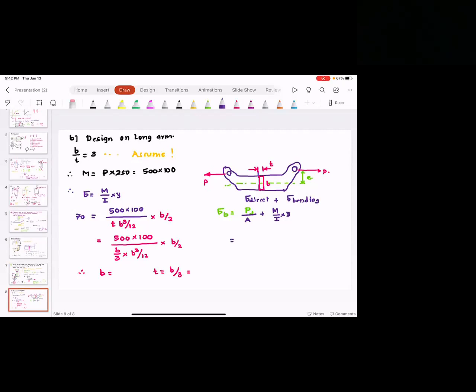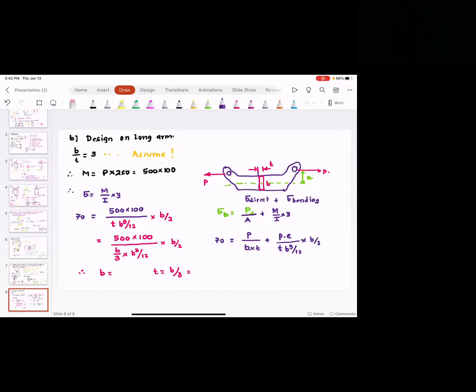So sigma B, assuming it is 70, is P divided by B multiplied by T, plus M, which is going to be P times E. The I value is going to be T B cube by 12 and Y is going to be B by 2.